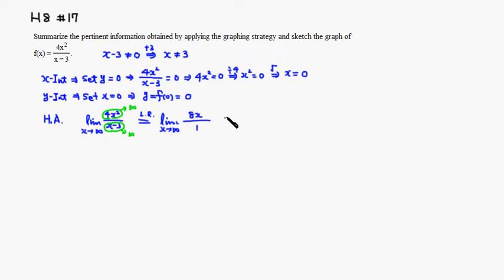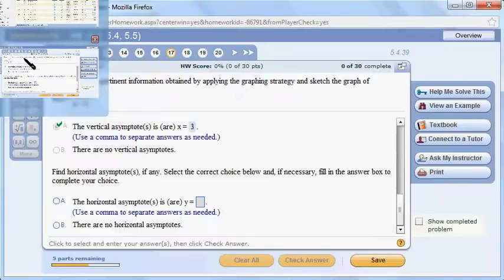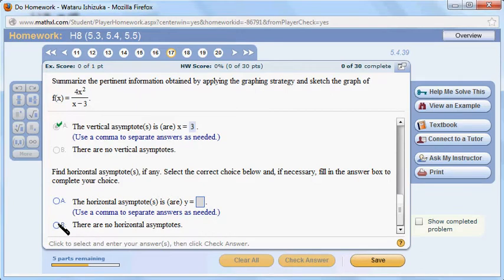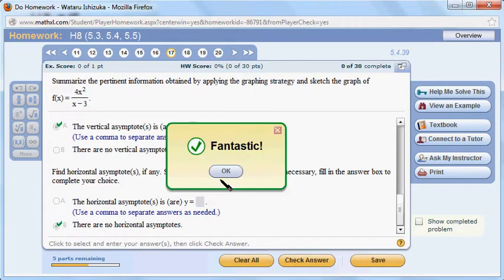This goes to infinity, so you have infinity over 1, which is infinity. Since we do not get a finite number, there is no horizontal asymptote. So go back, hopefully we have that choice. There is no horizontal asymptote. Check the answer. We got that.